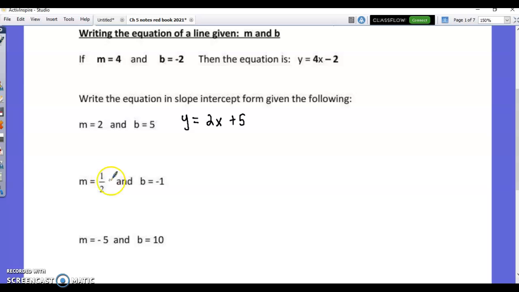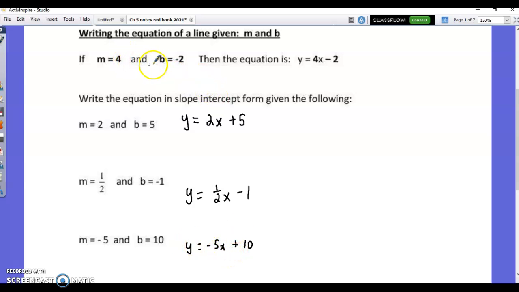All right, over here, slope of a half, y-intercept of negative 1, y = 1/2 x minus 1. And then here I have negative 5 and 10, y = negative 5x, and then I'm going to put plus 10 because it's a positive 10. All right, and that is the equation of all of these lines.